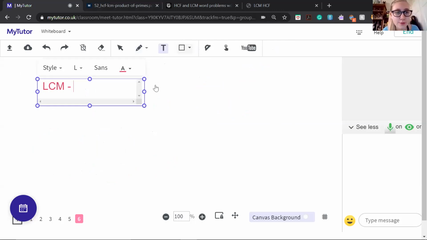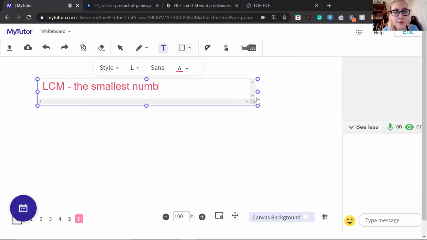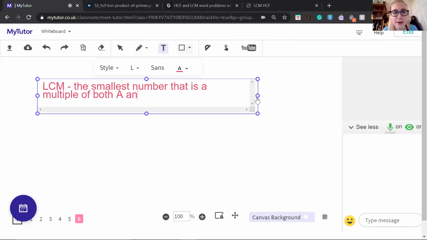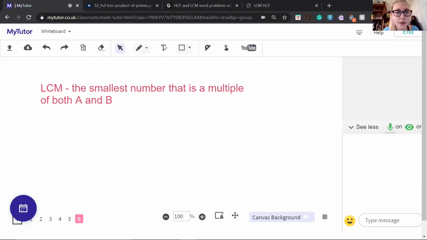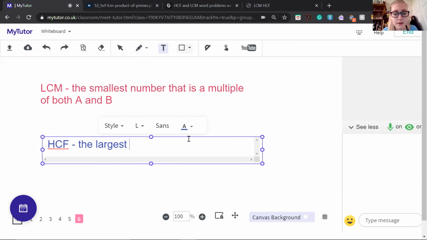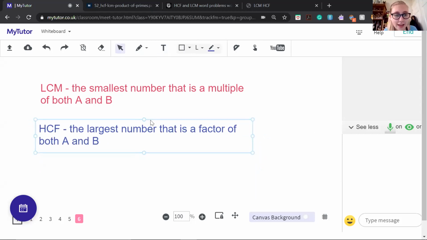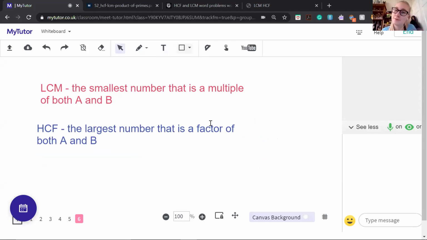Lowest common multiple is the smallest number that is a multiple of both A and B, where A and B are the numbers in question. And highest common factor is the largest number that is a factor of both A and B. So they really are kind of defined in what they are, which is quite nice. Hopefully that makes sense.